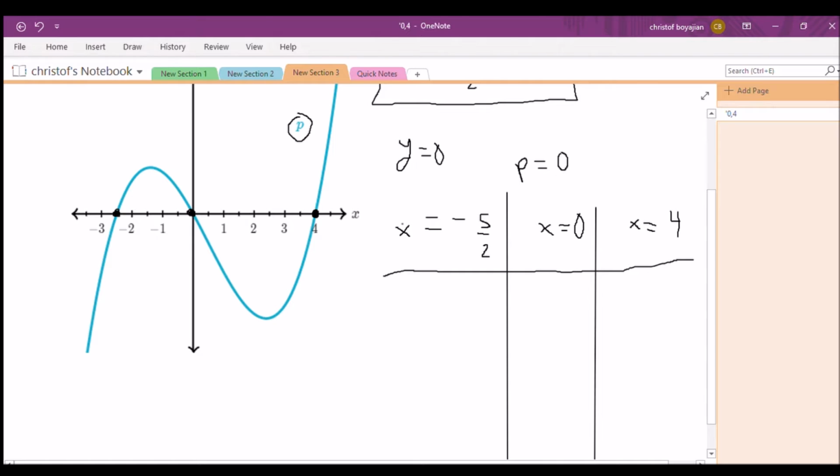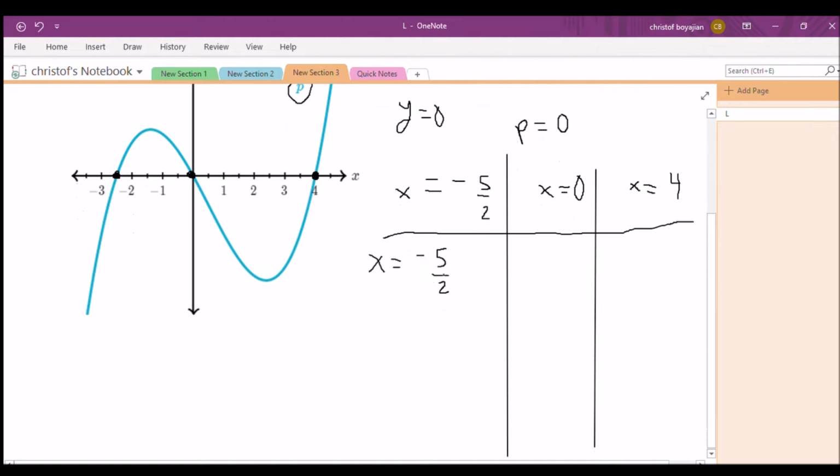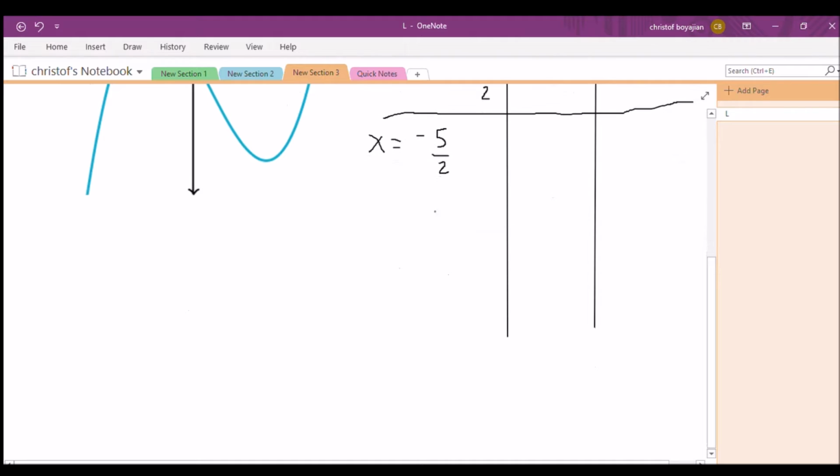So how do we get this side to being 0? If you remember your algebra, x equals negative 5 over 2. I'll write this again down here, that's why I have this column. We want this side of the equation to be 0, when our function is equal to 0. How do we get the right side to being 0?